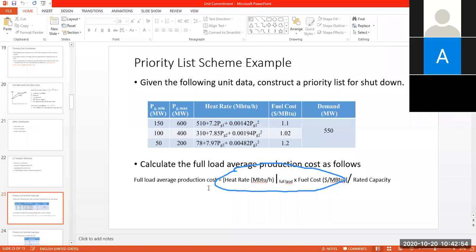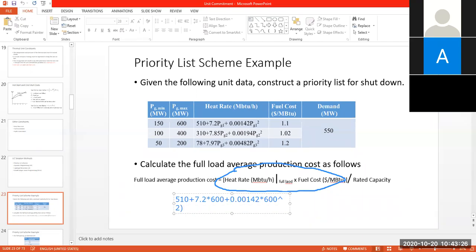So if I go through the process, it is 510 plus 7.2 multiplied by, let's say for unit number 1, 600, plus 0.0012142 multiplied by 600 squared. Whatever value comes, let's say that is F1, you multiply it by 1.1.